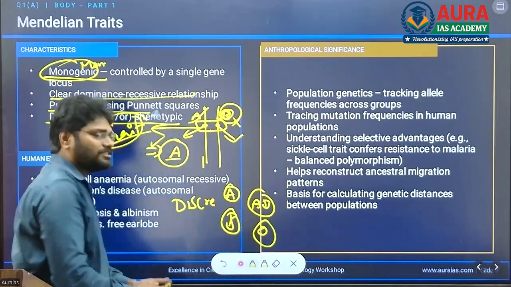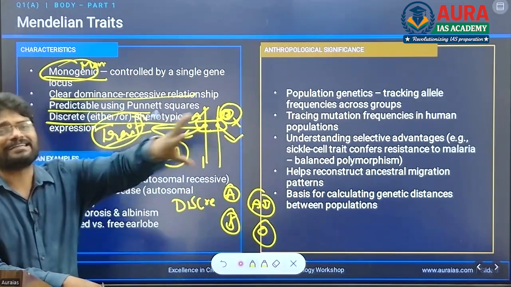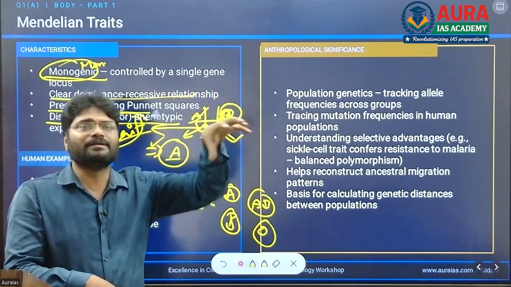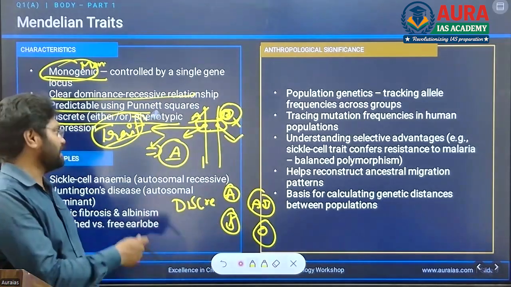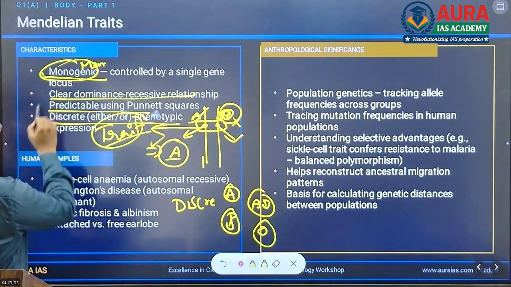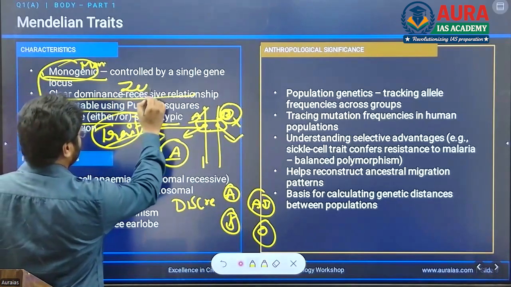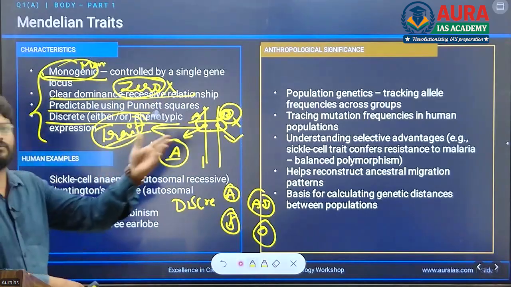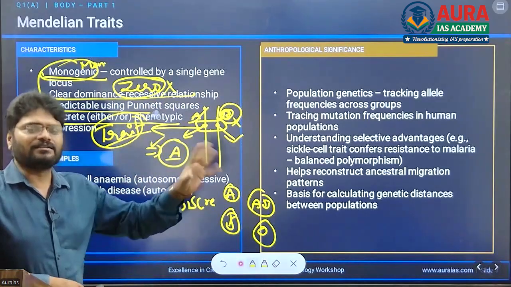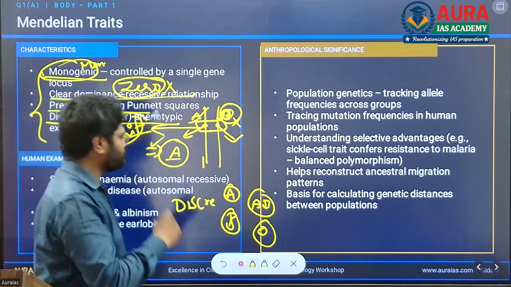There is no blood group between A and O. Clear-cut separation of people on the basis of their trait is possible in Mendelian traits. This is monogenic, so the role of environment is zero. Environment cannot modify this inheritance, except for the Bombay blood group, which is a different case. We will see the exceptions for Mendelian traits in our classes.